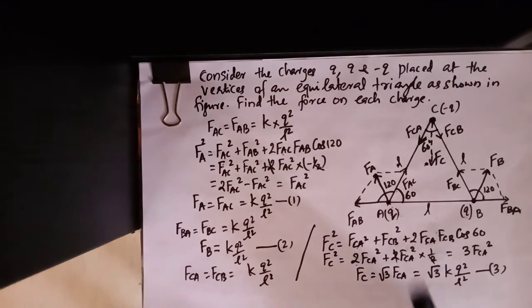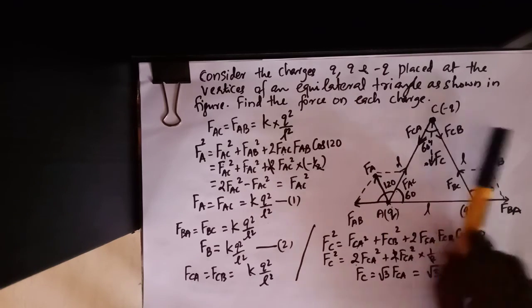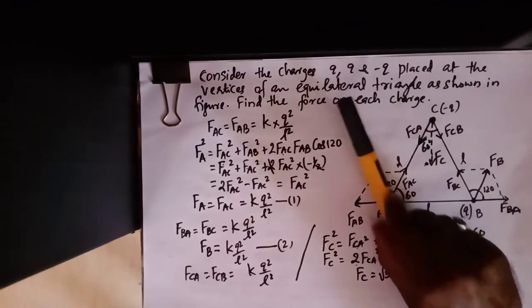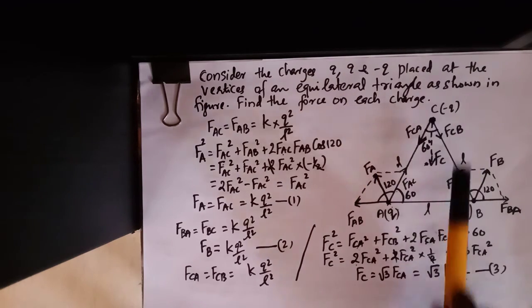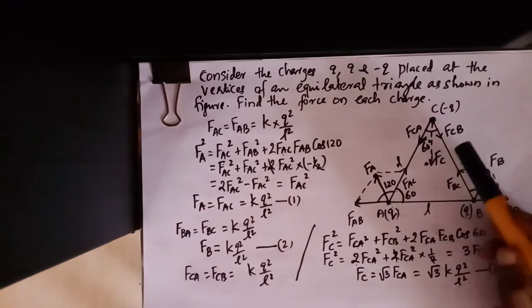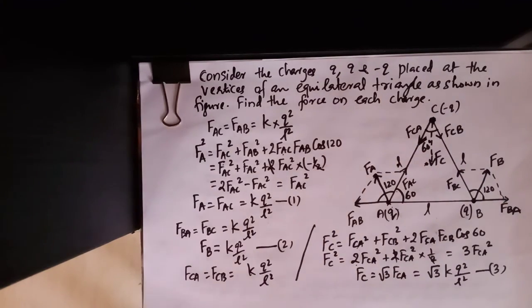Okay. What will be the resultant of these two forces, Fa and Fb? We can show that this force and this force will make a resultant in the vertical upward direction. So when you sum up these three forces, we can show that it will be 0.